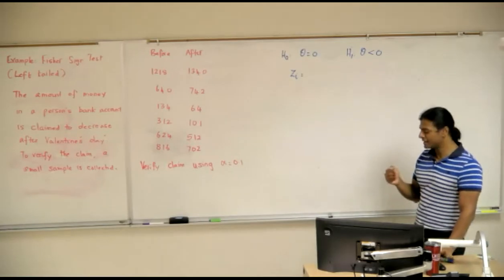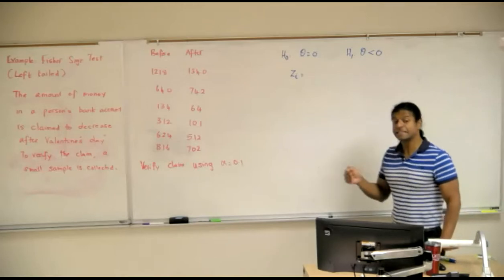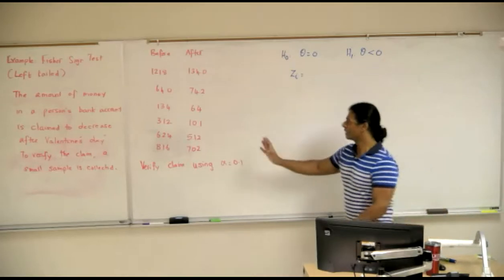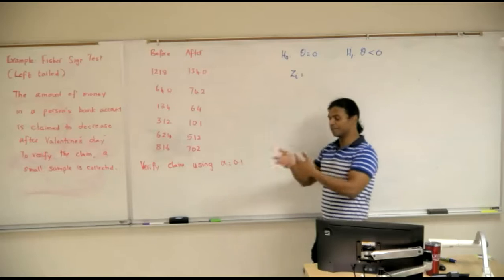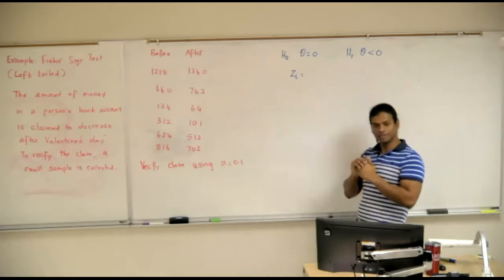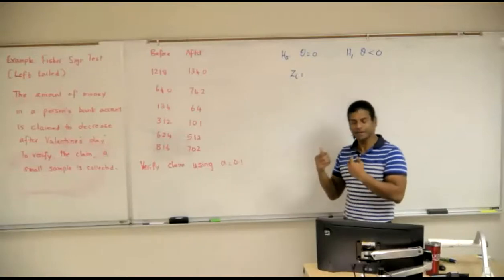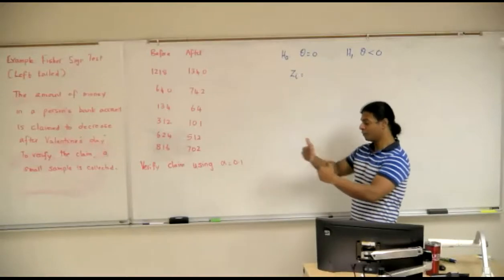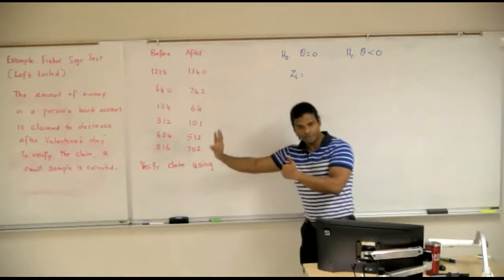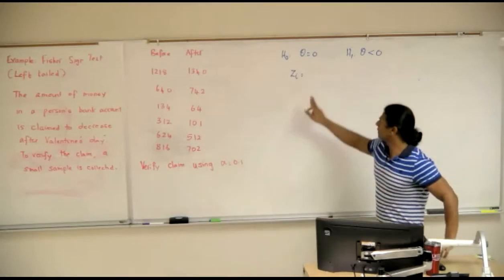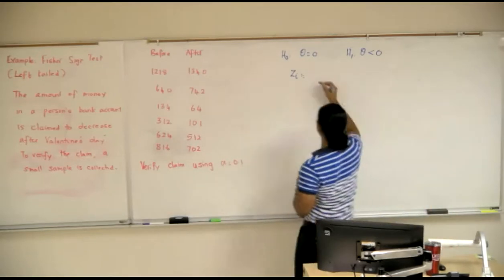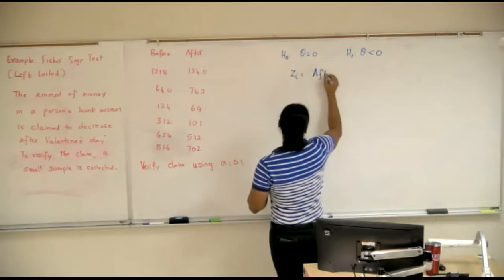So we are trying to see if things in fact decrease. In other words, if the after is smaller than before, then you would get a negative, right? We want to see how far you go toward the negative side. So the way to define it should be after minus before.